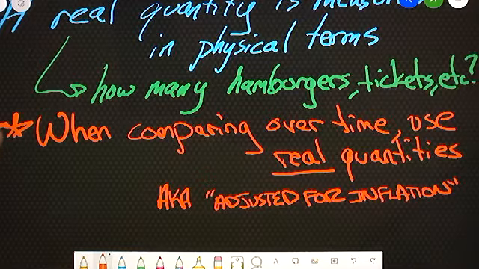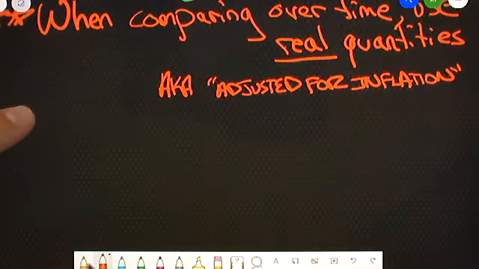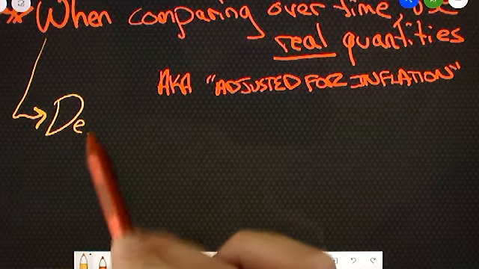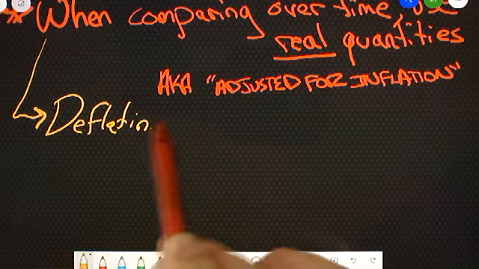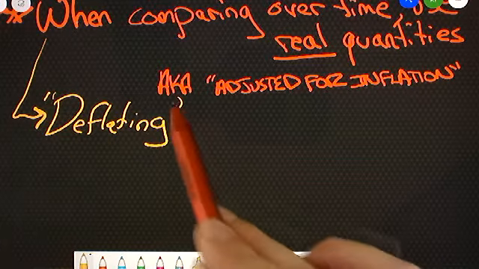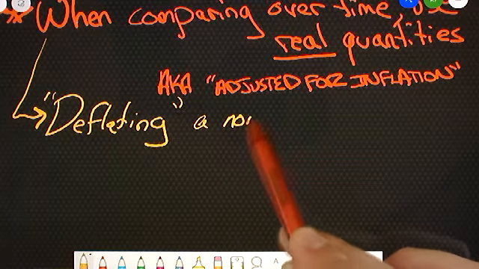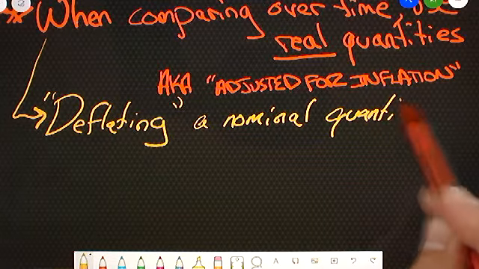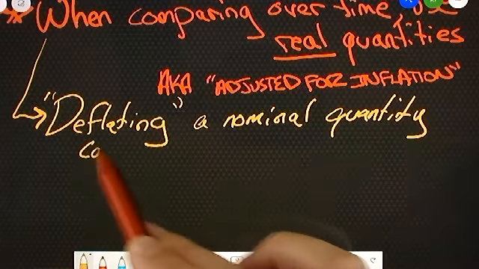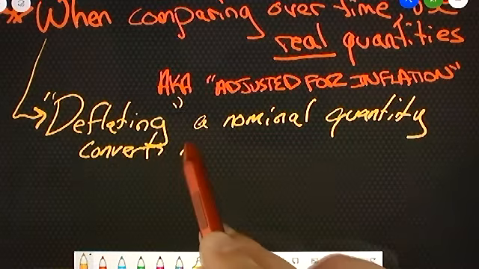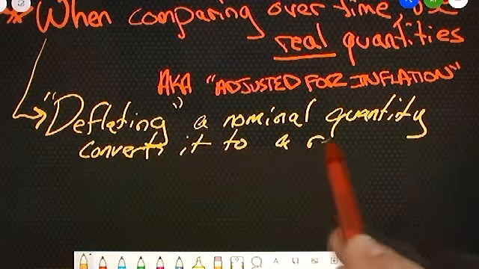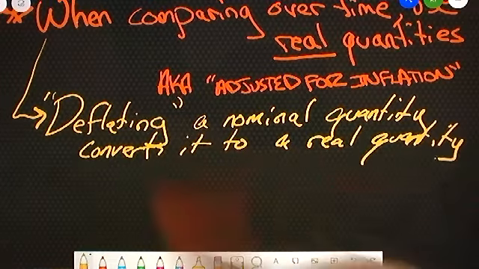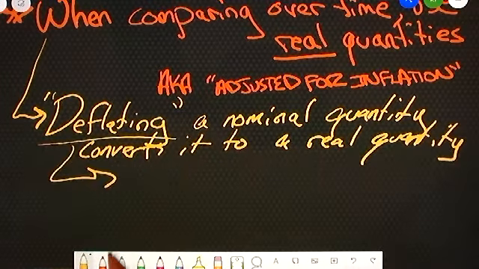So how do we get these real quantities? Well, we do a process called deflating. How do we do this thing called deflating?